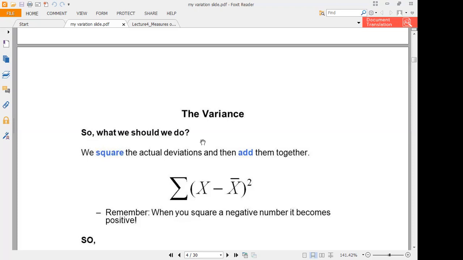Another data point might be 20. We still say it deviates from the mean by 5, because the difference between 25 and 20 is 5, and the difference between 25 and 30 is still 5. So we are measuring the differences. Just subtract your mean from your data point, and that will give you the deviation.